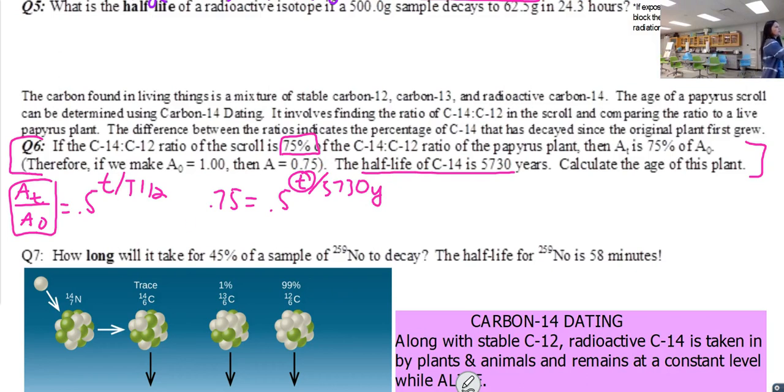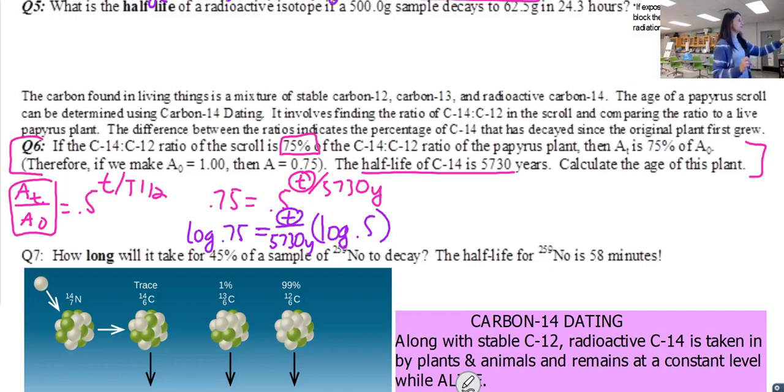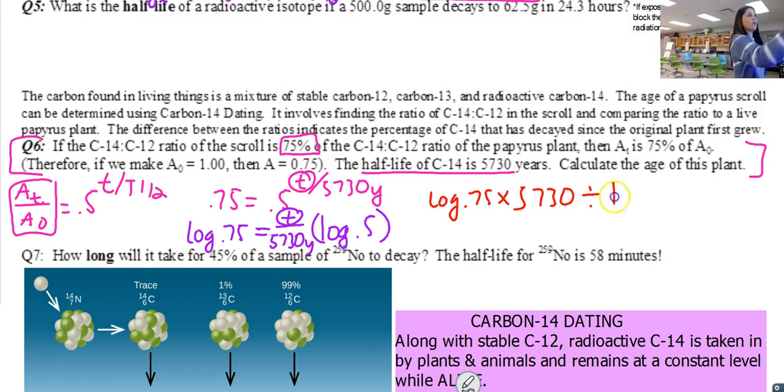So the log of 0.75 is equal to the log of 0.5, but then T over 5,730 years. Same thing as last time. All I'm going to do is solve for T. In my calculator, I do the log of 0.75 times, cross multiply, 5,730 divided by the log of 0.5.